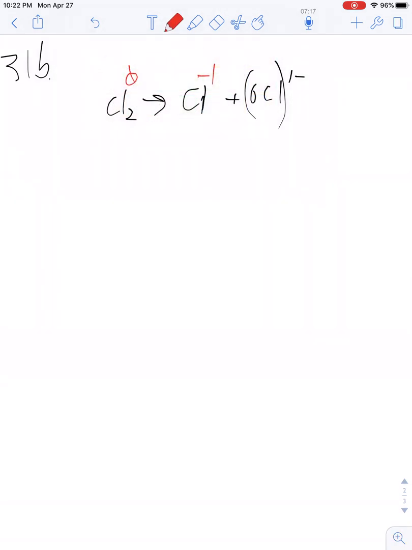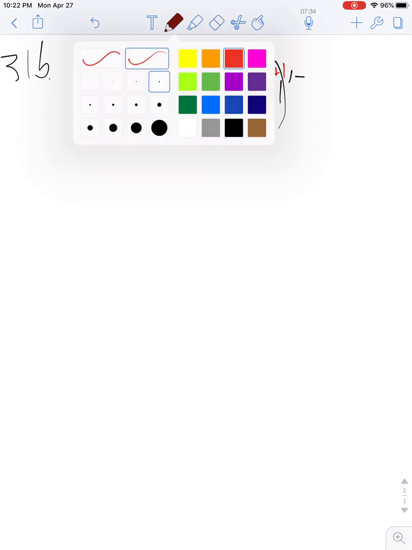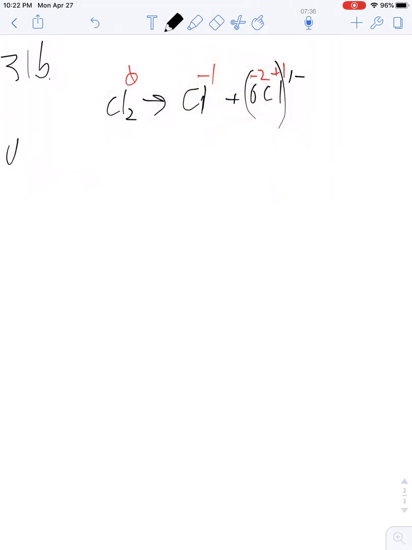Well, my oxygen's -2, so then this chlorine has to be a plus 1. So here I have a situation where my chlorine is acting as my oxidation and my reduction. So again, this is a good problem to see something like this. My reduction is chlorine, and my oxidation is chlorine.